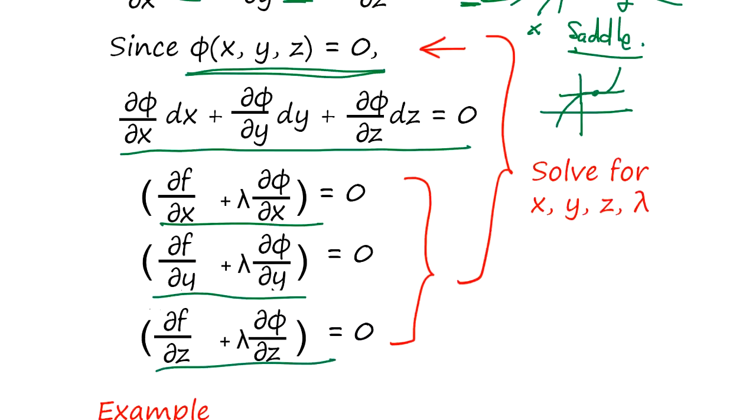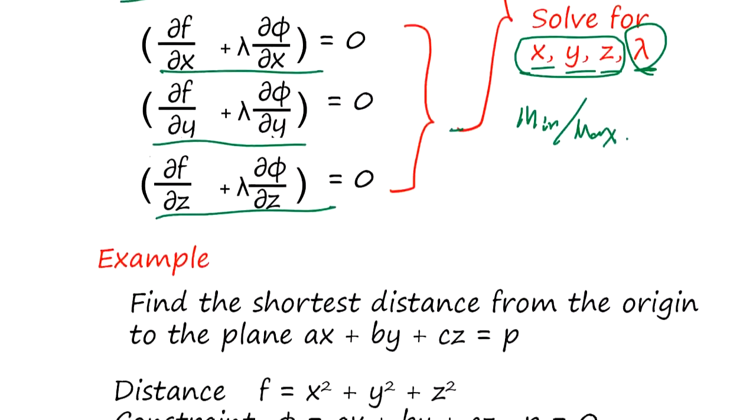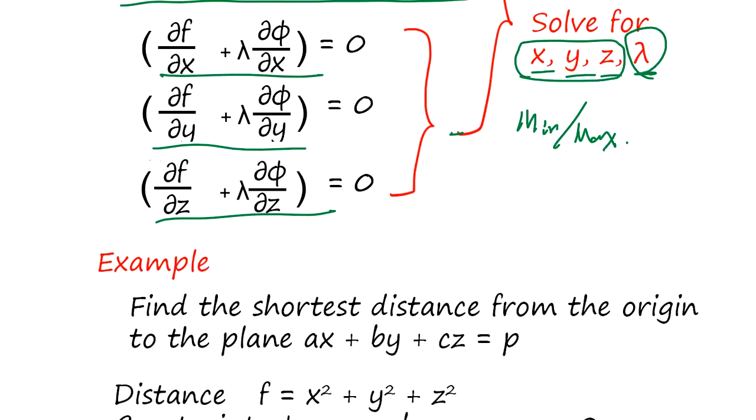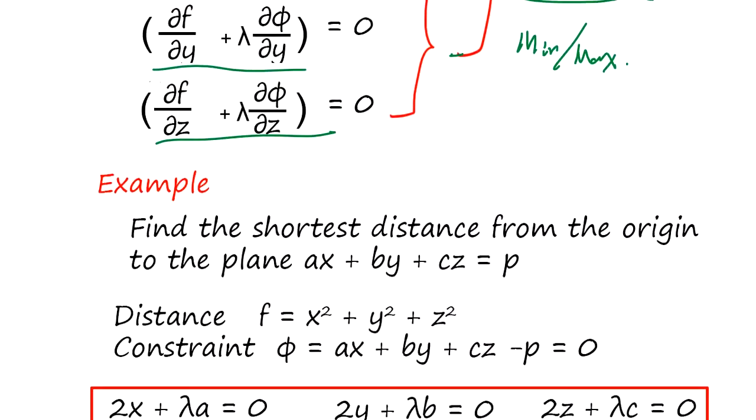So we have 4 equations to solve for x, y, z, lambda. We can find x, y, z that satisfy these 4 equations, which is the necessary condition to be min or max, right? And lambda is just an intermediate parameter. We're not really interested in lambda. Lambda is used only for solving the equation.